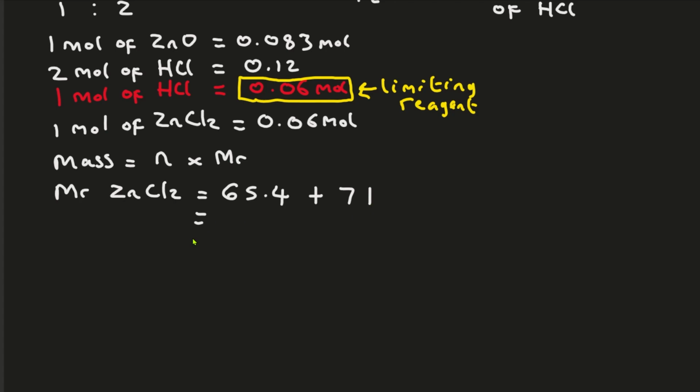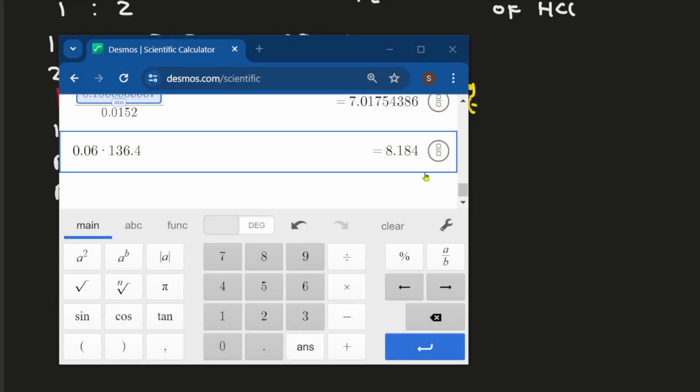And it gives us 136.4. This means that we have to work out our mass, which is going to be 136.4 times our 0.06, and that will give our answer of 8.184 grams.